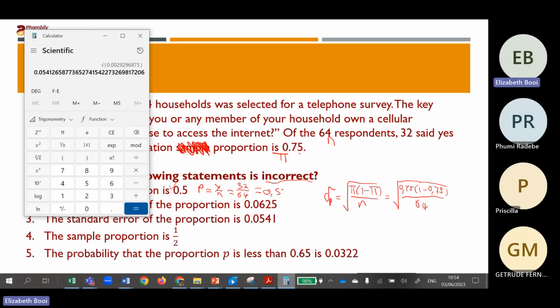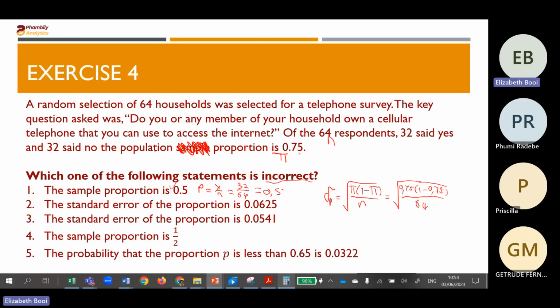Take the square root of the answer and we get 0.0541. So the answer that is correct is this one. This one is incorrect. And here it says the sample proportion is 1/2, which is correct because 32 goes 1 time into 32 and it goes 2 times into 64.